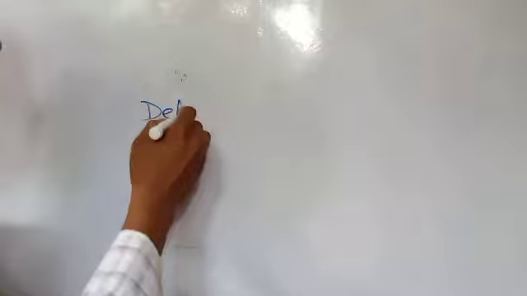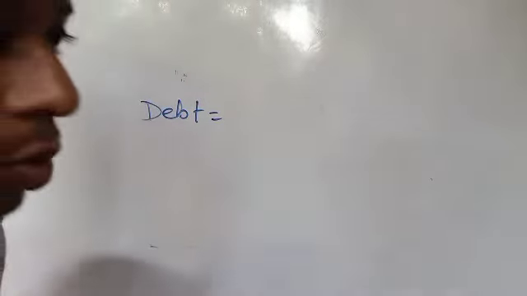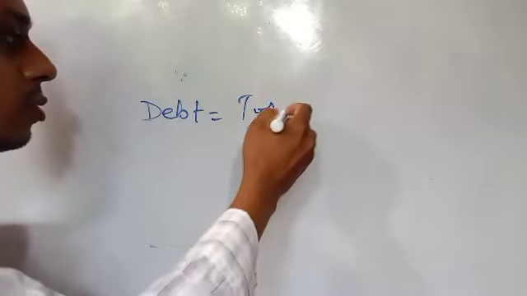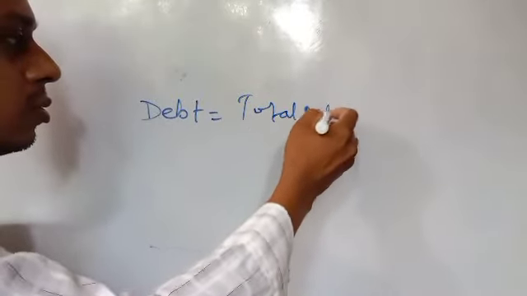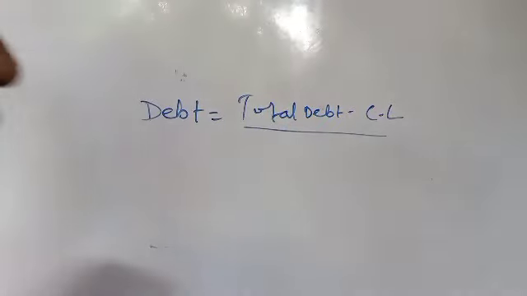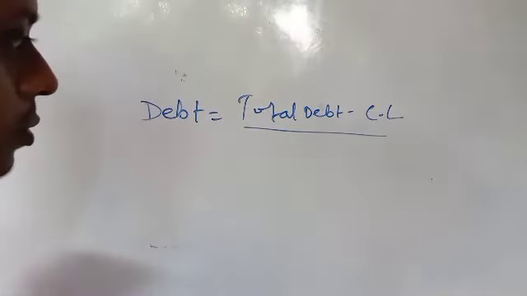Suppose total debt and current liability are given to you, then how will you find the debt? Total debt minus current liability is equal to debt.